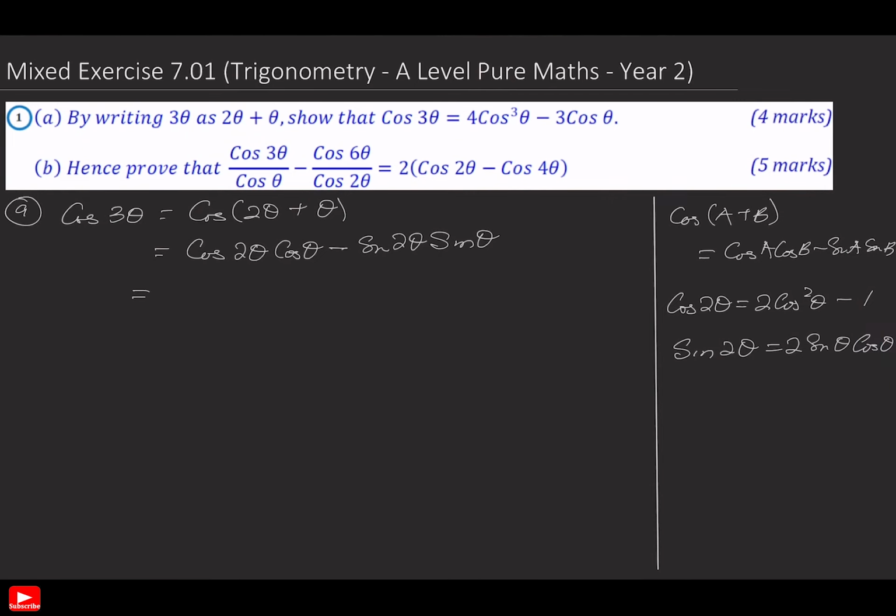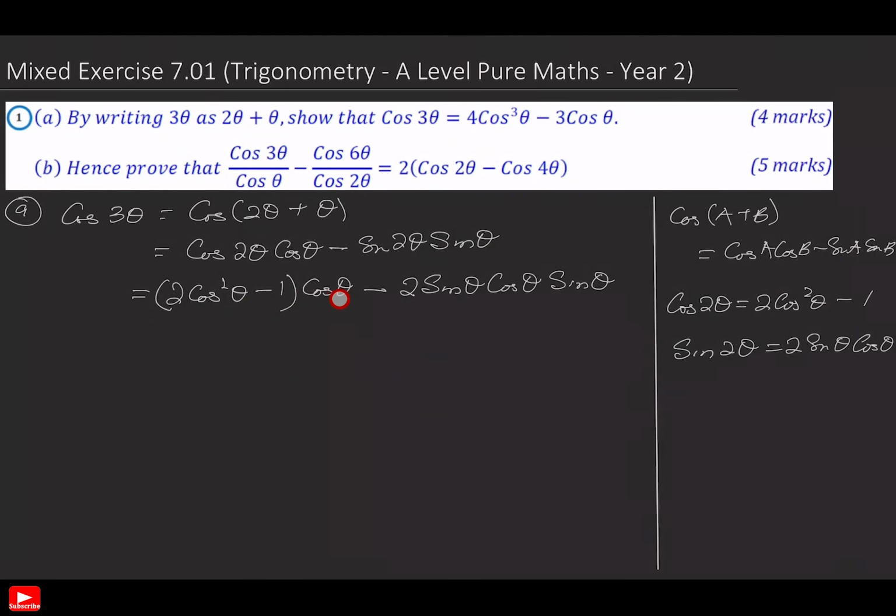We're going to get 2 cos squared theta minus 1, all that multiplied by cos theta, which is here. Then minus, I'll replace sine 2 theta with 2 sine theta cos theta, and I'll multiply it by sine theta, which is this one here.